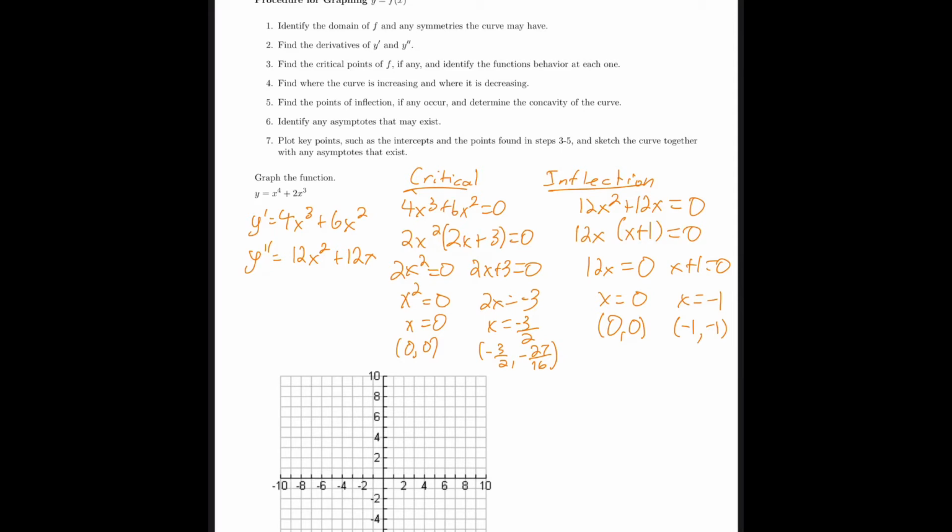So that is negative 27/16. So negative 3 halves, negative 27/16. So there's our ordered pairs.